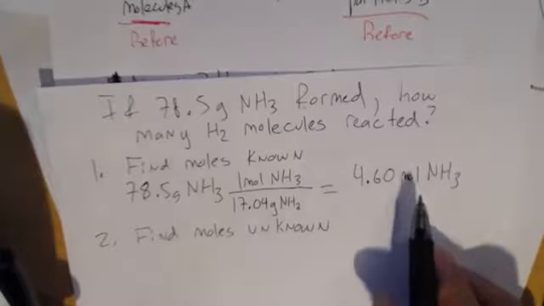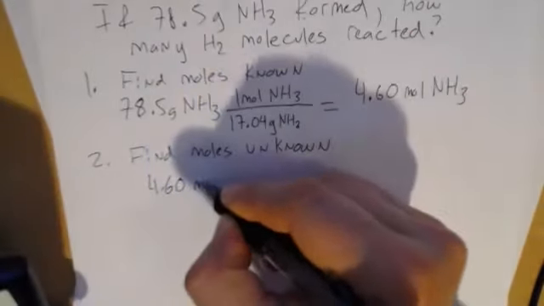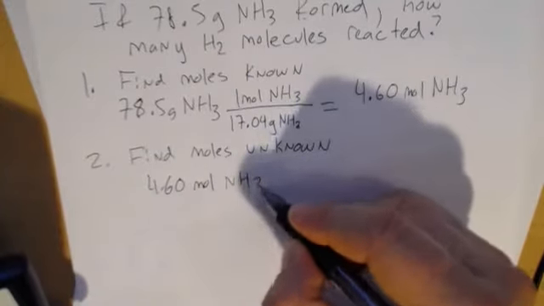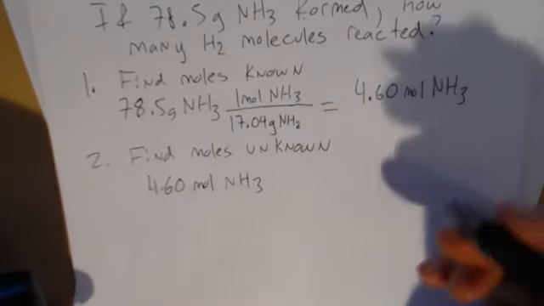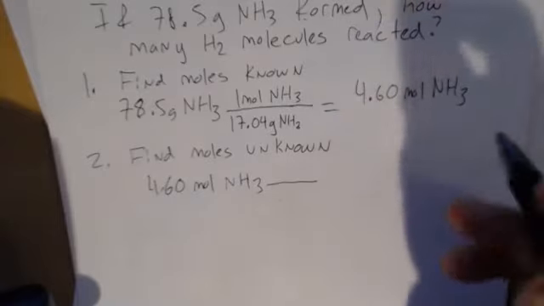I'm going to use the answer from this one, 4.60 moles of NH3. I'm going to use the unrounded value in my calculator. It's actually 4.604 something.